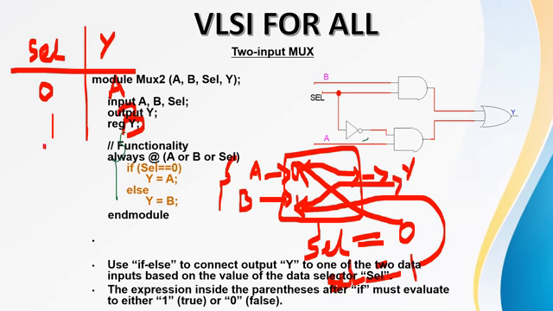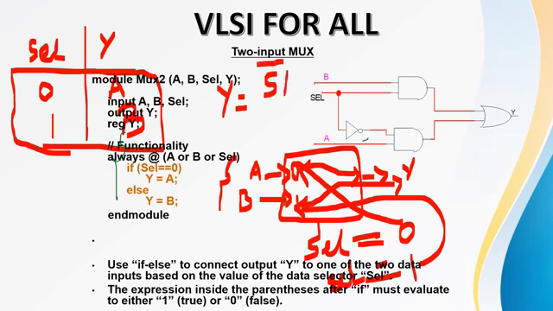So this is actually the truth table, and the formula you can consider is Y is equal to S bar A plus S B. Why S bar A? Because this select line is 0, and 0 indicates S bar, and A is again the input which is given.